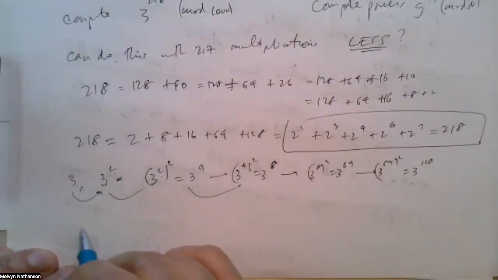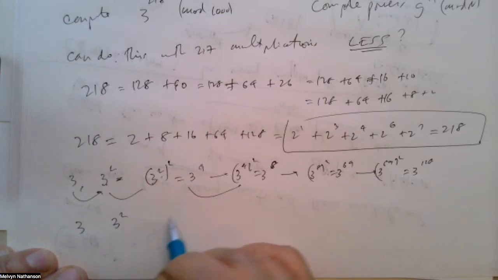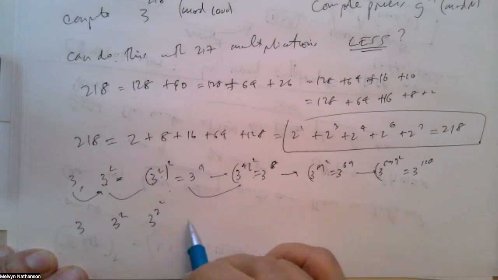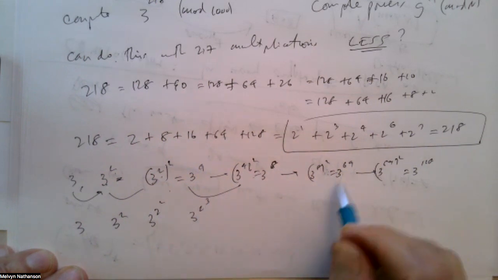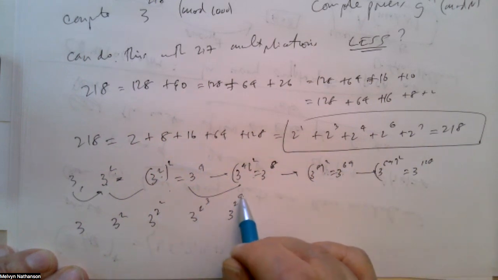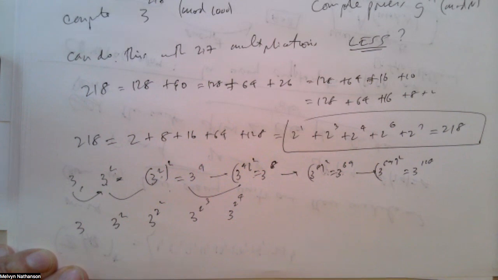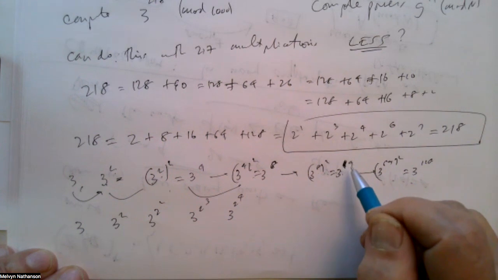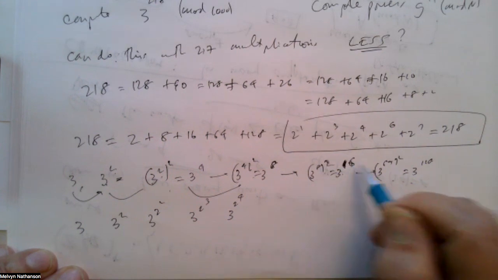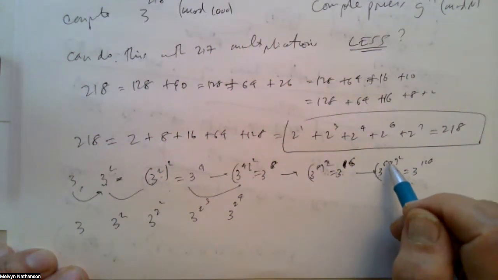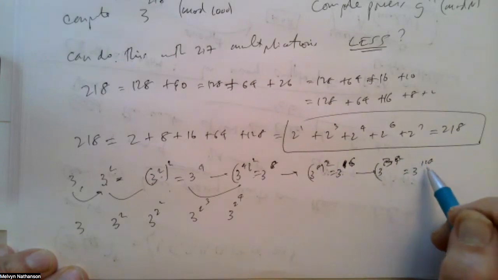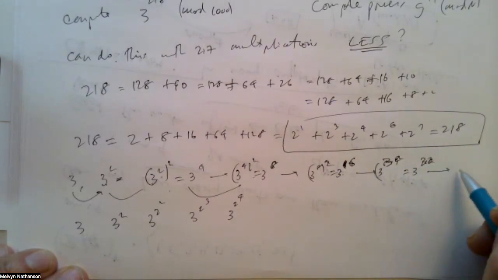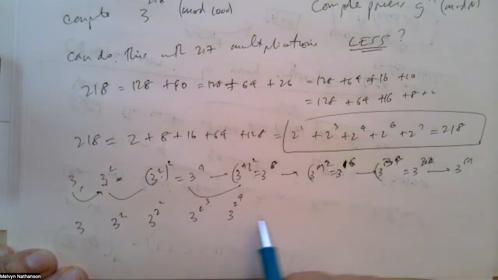So I have 3 to the 2, 3 to the 2 squared, 3 to the 2 cubed, oh, this should be 16. 3 to the 8 squared is 3 to the 16. And this is 3 to the 16 squared, 3 to the 32. And then I square that, I get 3 to the 64, and 3 to the 64 squared is 3 to the 128th.